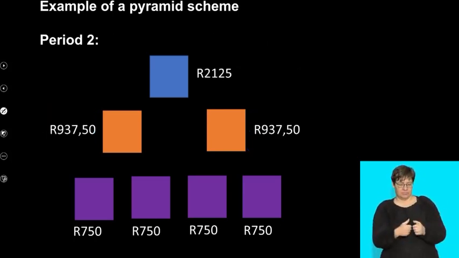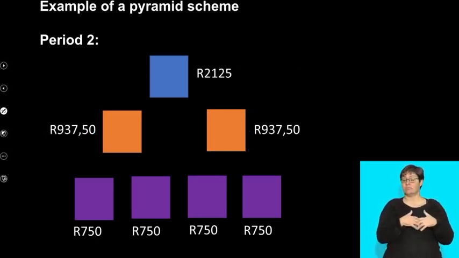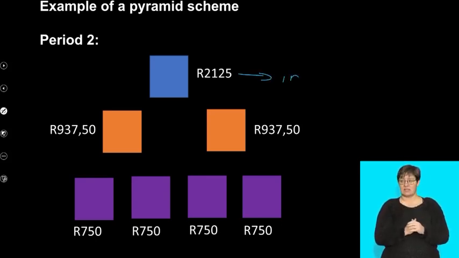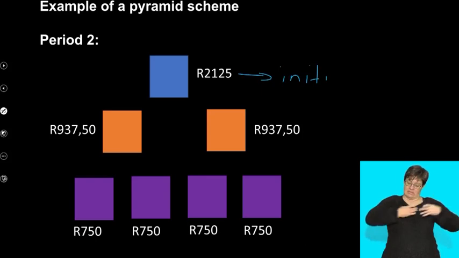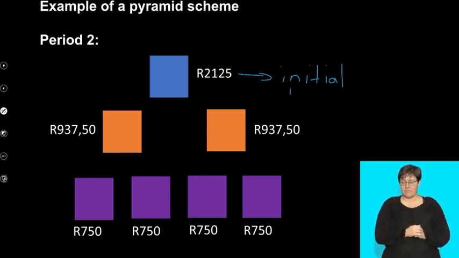So when we end period 2, we are now sitting on 2,125. This is the initial investor, we can call him, or we can even call him the founder.